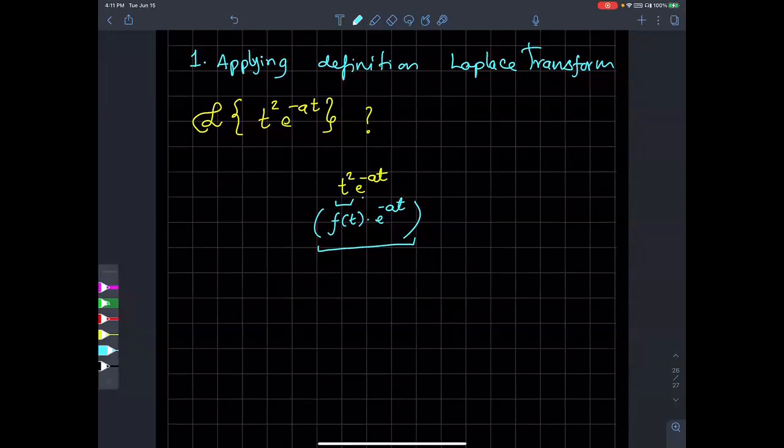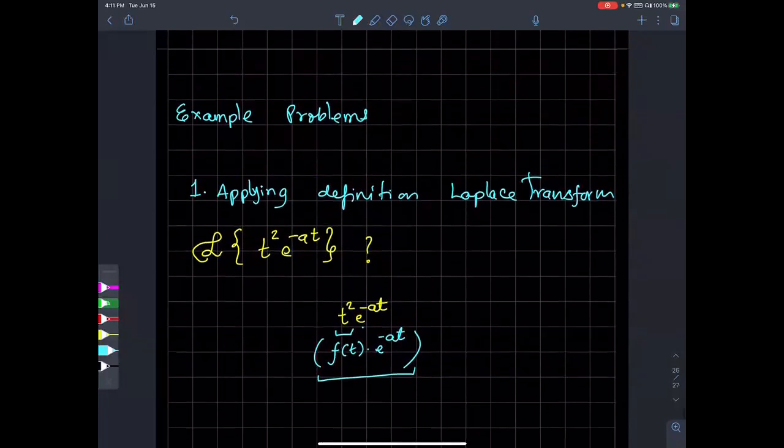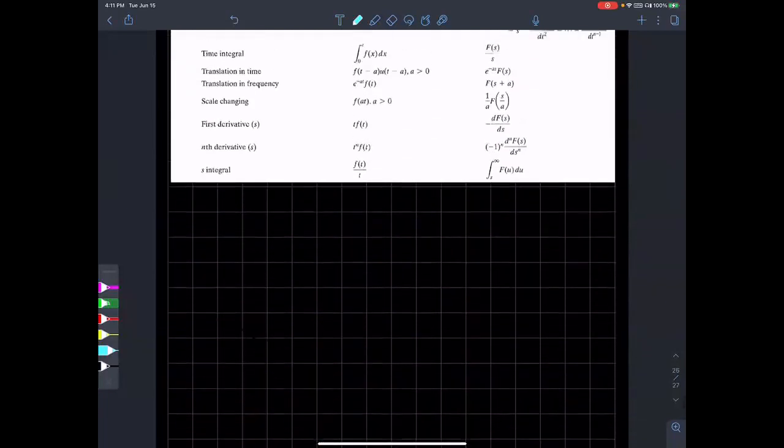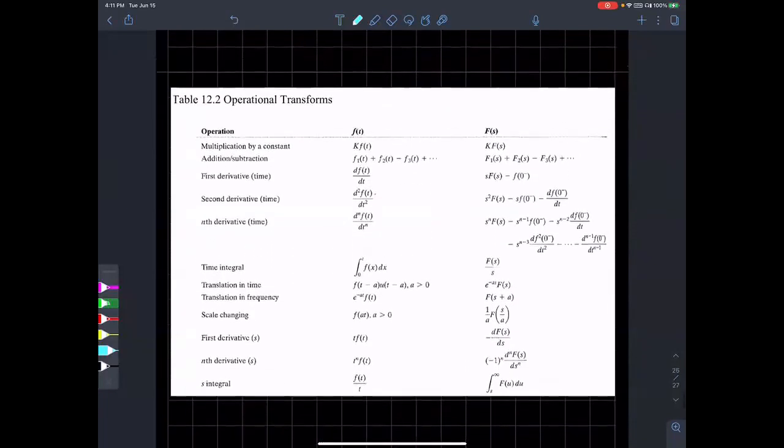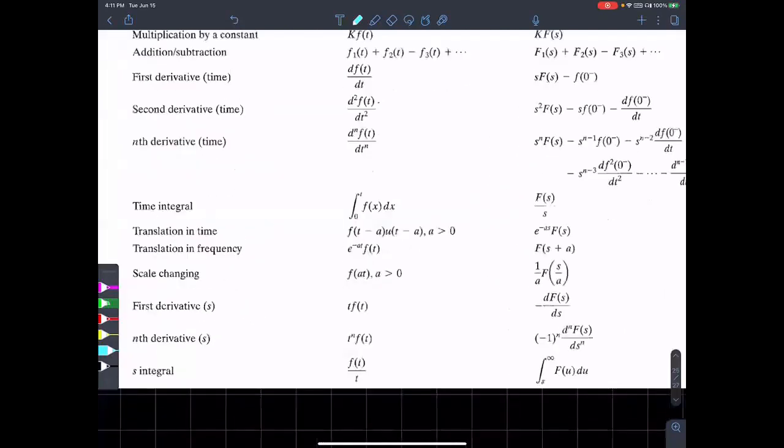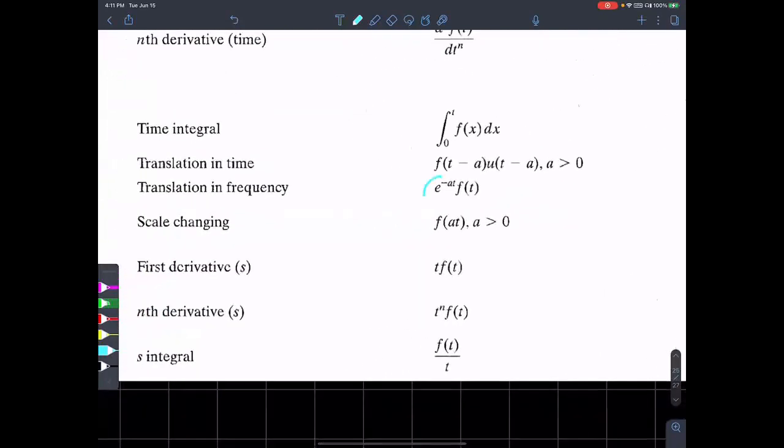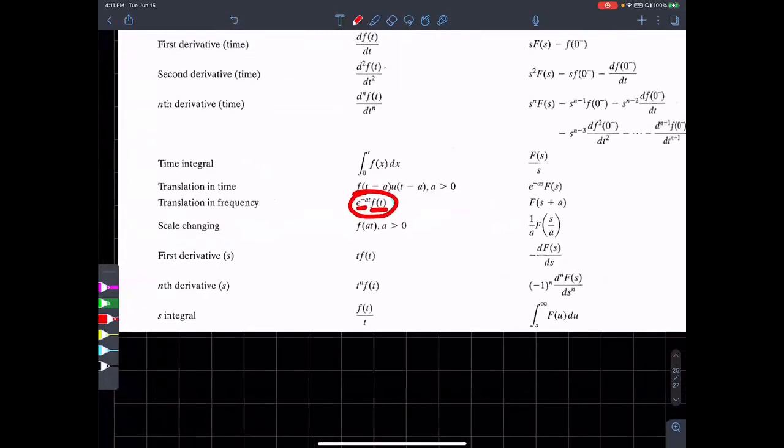Let me go to 12.2. If you have a function f(t) that is multiplied by e to the minus at, then all you got to do is start with F(s), and now your s variable is simply going to be incremented by a value of a.